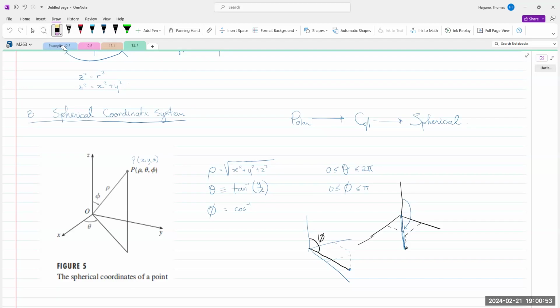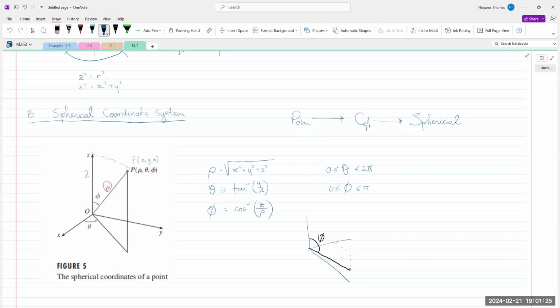Now, if we graph that further, let me erase this one. So what is phi then? This phi we can see as the cosine inverse of z over rho. Okay, because rho is always positive. That's the nice thing about spherical coordinate system.